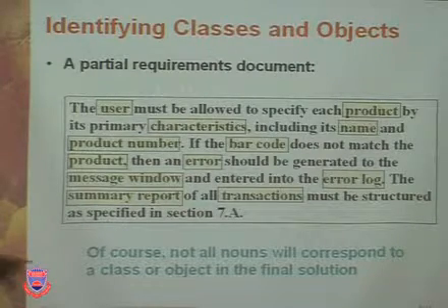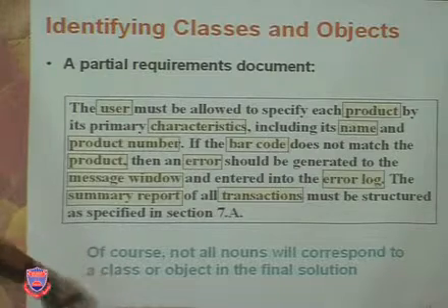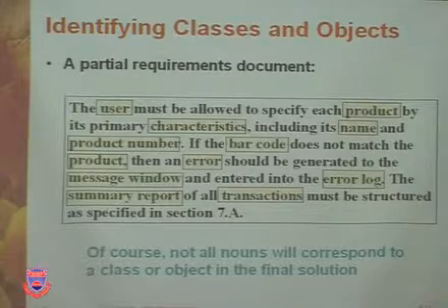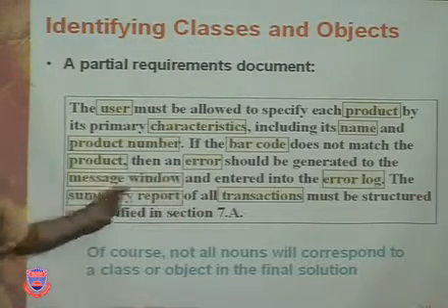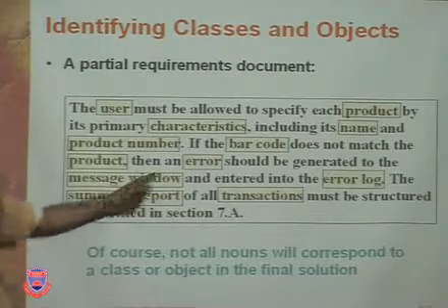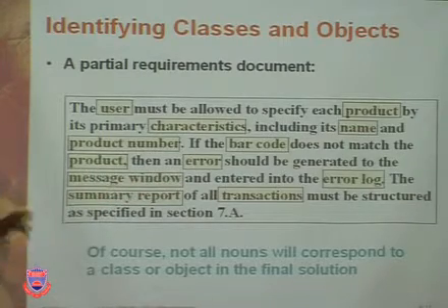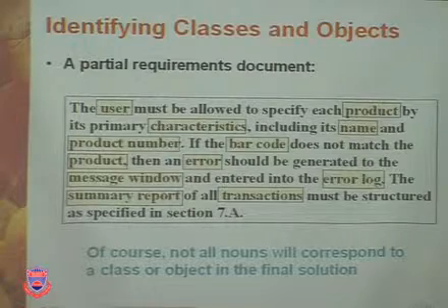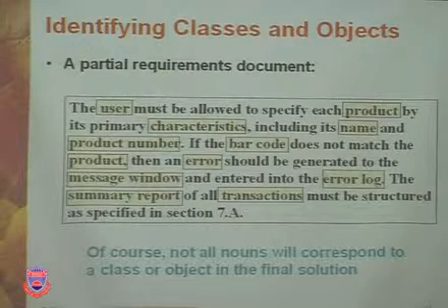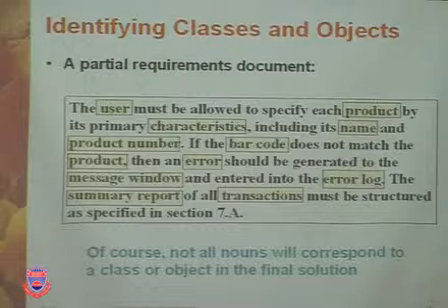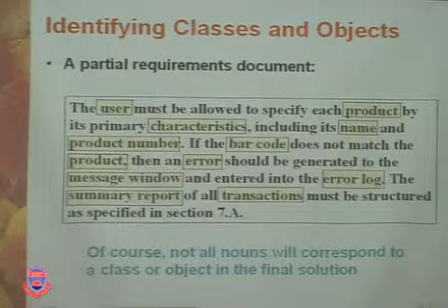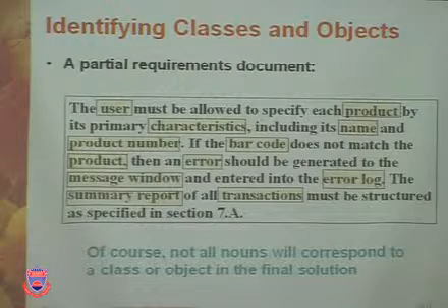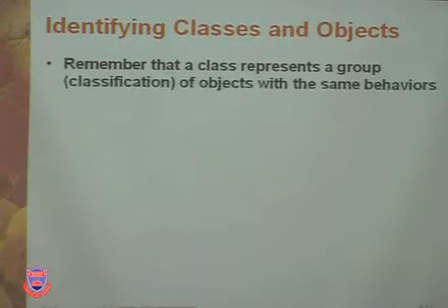So not all the nouns will correspond to a class or object in the final solution, but again, it will give you an idea. So here you have the transactions, error log, you have a message window, summary report, error, barcode, product, and all this will give an idea what the objects you may want to have. So for your projects, you can go ahead and check your requirements specification and find out what could be the objects or classes you may have. Again, it's not giving the whole picture, but at least gives an idea.